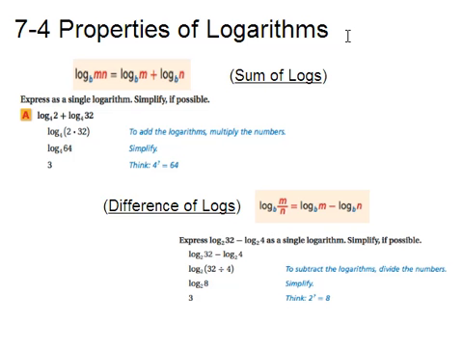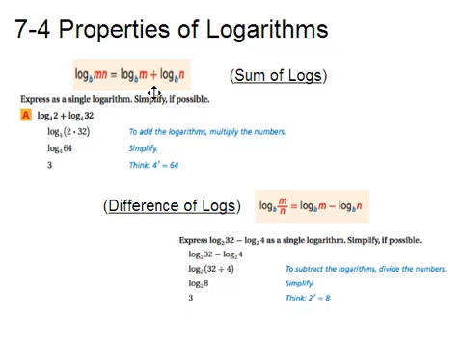Just like anything in math, we need properties, we need rules that we can follow. And there are three basic properties that we're going to start out with. There's something called the sum of logarithms, and it looks like this right here.